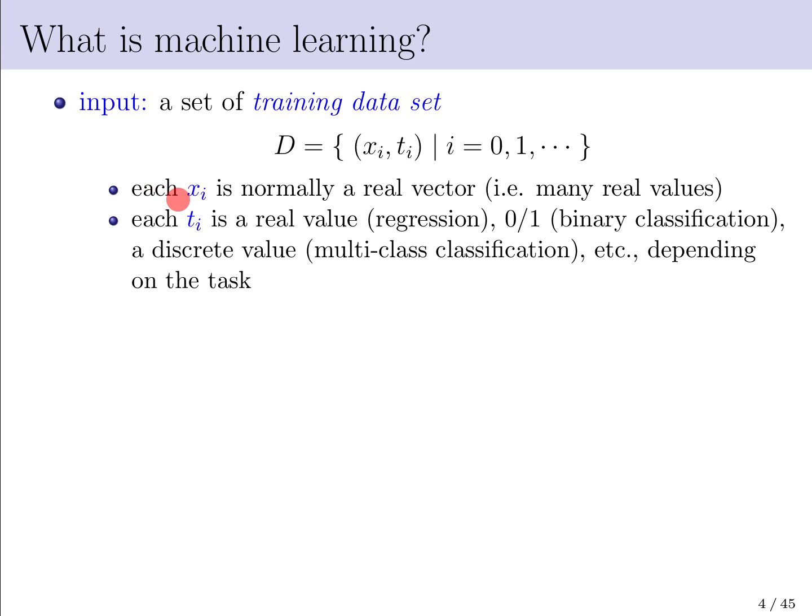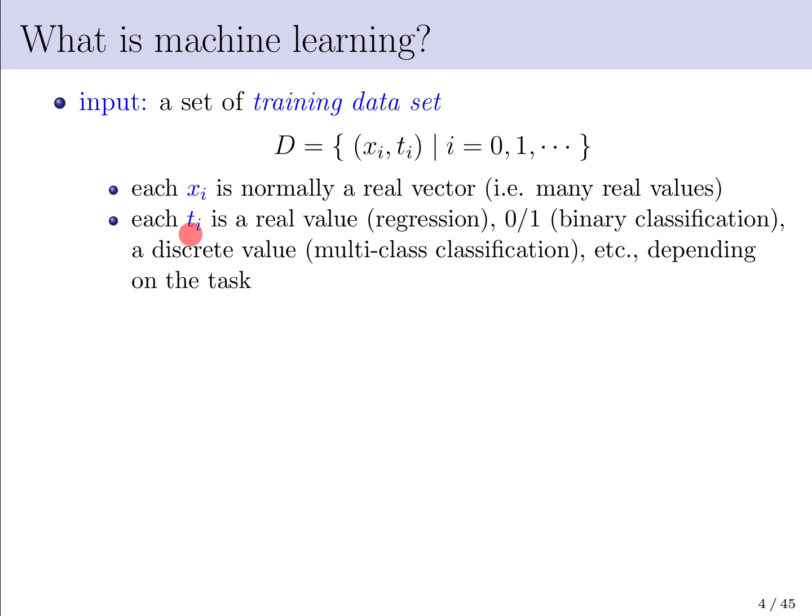Each xi, or input, is normally a real vector, so it's many real values. It may be a vector representing a word in natural language processing, or a vector representing pixels in an image recognition or image processing type of network.